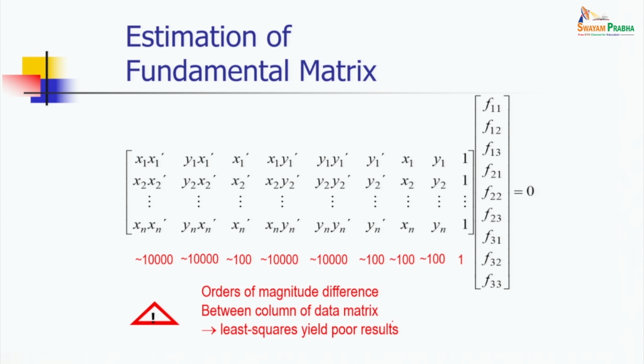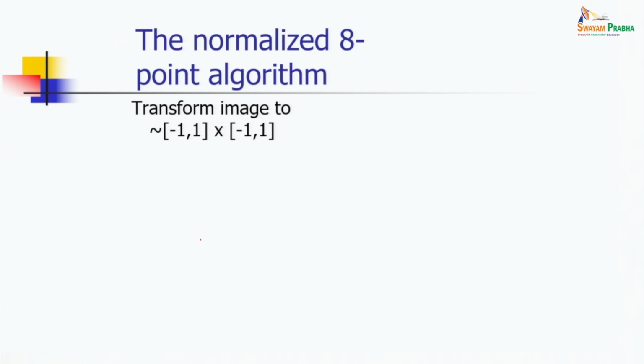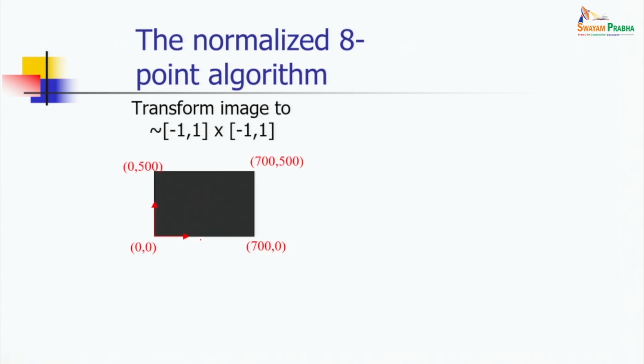One of the problems, once again, as you can see, is that these values would be very high, because these are the coordinates. The product of these coordinates will accentuate this problem further in this case. So you need to have normalization of the data, and we apply the same normalization method.